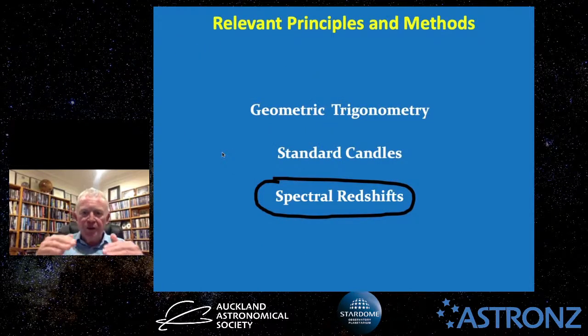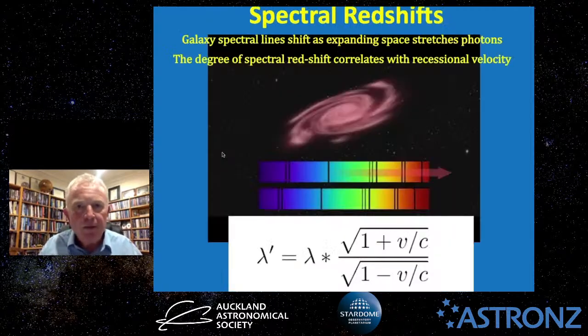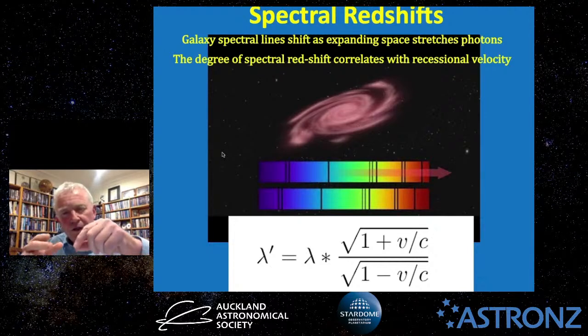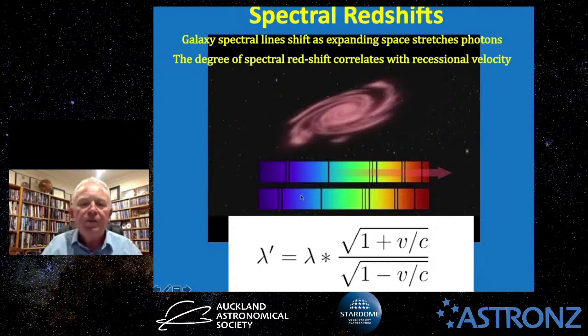So we've covered trigonometry and standard candles. We're just going to review briefly now spectral redshifts. The bottom line is that when galaxies emit light, the light starts traveling to us. As the light leaves the galaxy, it gets absorbed by all the little elements and atoms around the galaxy, and it shows up as what they call spectral absorption lines in the spectrum. In the laboratory, or when you're right up against the galaxy, we know exactly where those signature spectral lines sit in terms of wavelengths.